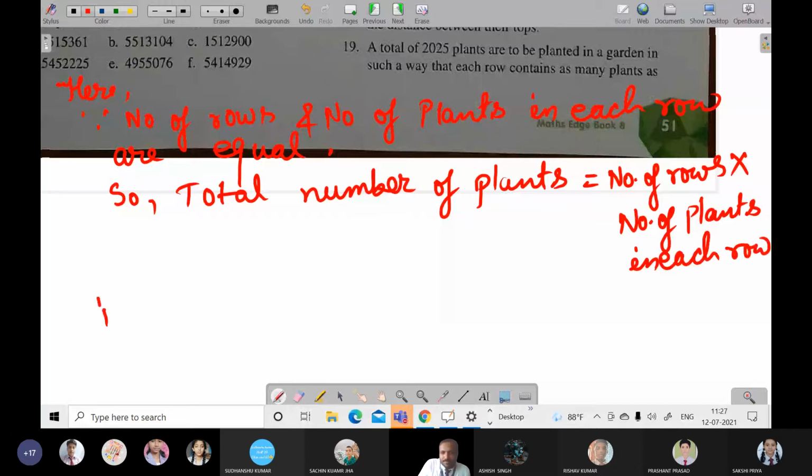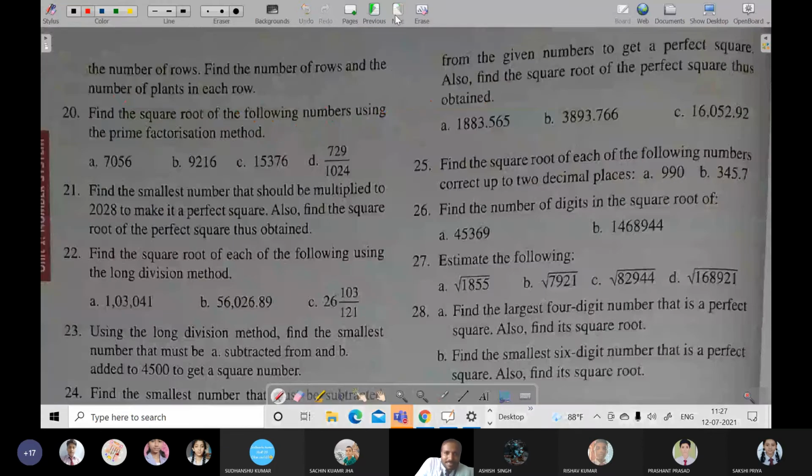That is, both are equal. The number of rows and the number of plants in each row are equal. So what you have to find over here is the number of rows. Find the number of rows and the number of plants in each row.